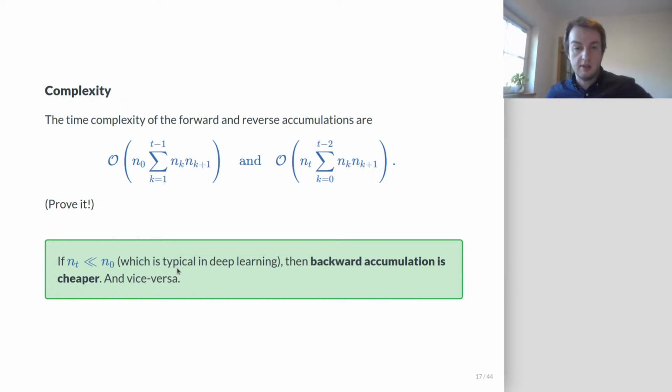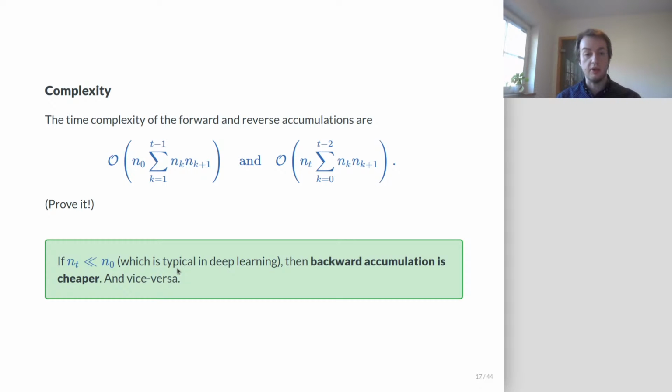So in particular, for us, what will happen is that usually, at least in the case of neural networks, nt, which corresponds to the dimension of the output, usually will be quite small, because that very often will correspond to the variable which is attached to the loss function, which is a scalar value usually, right?